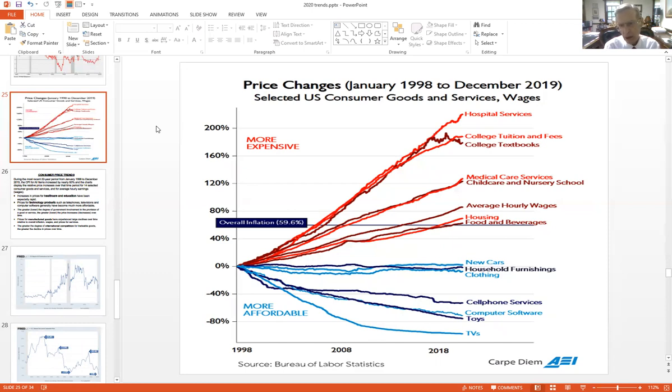So hospital services, that's why there's so much political attention to healthcare. Prices of medical care and pharmaceuticals are not rising nearly as fast as other healthcare categories, but medical care and especially hospital services, which are reimbursed by insurance companies, in any event, they're pretty high.